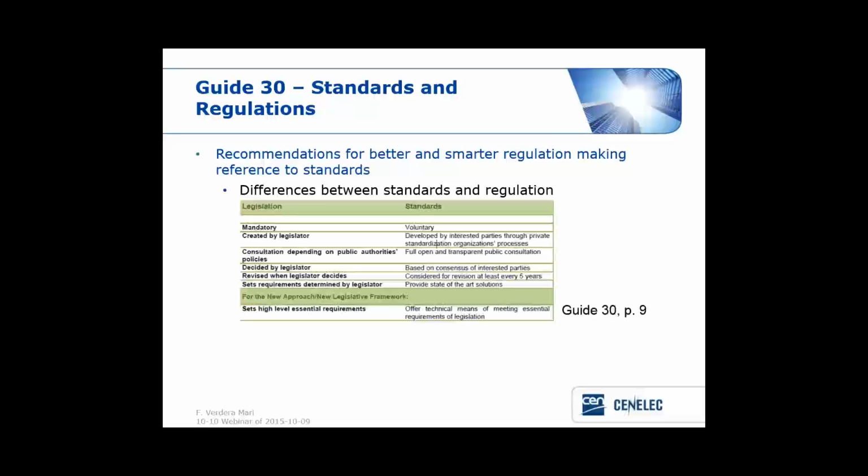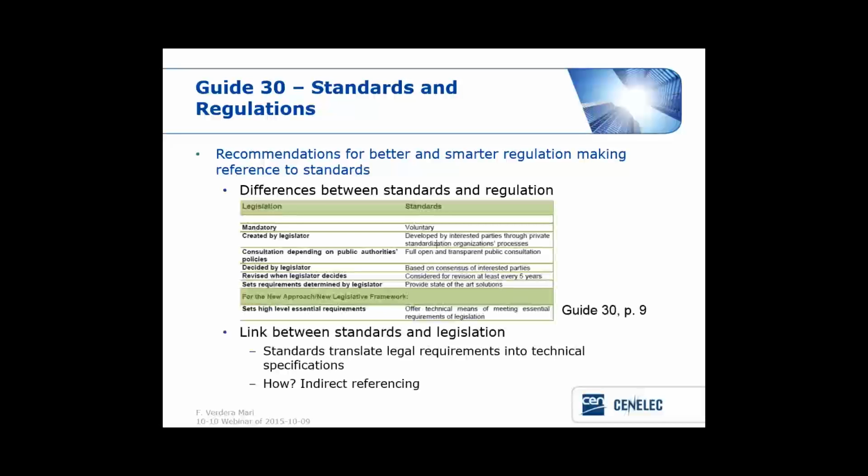Of course, it recognizes the difference between standards, which are voluntary, and the legislation, which contains mandatory requirements. Which is the preferred way to refer to standards? The indirect referencing. And then you may ask, what is indirect referencing?